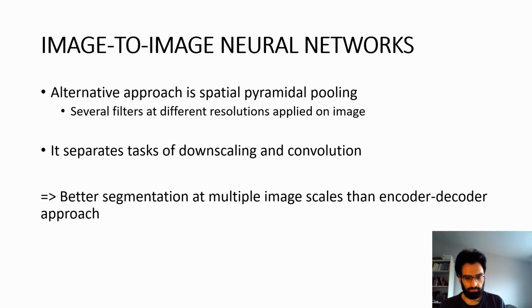And this method separates the task of downscaling and convolution. In the previous one, you see the downscaling and convolution were made together, but this one separates them. So this gives us better results when segmenting multiple image scales than the other one.